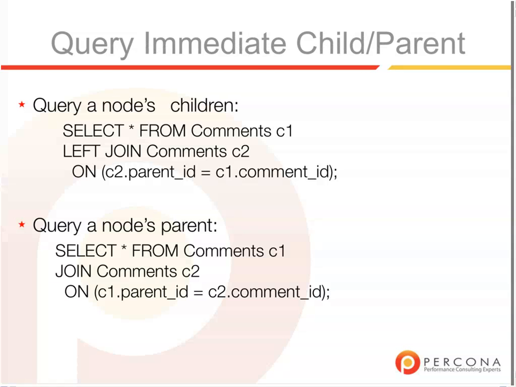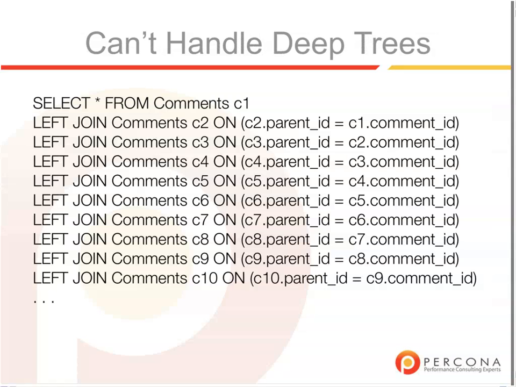But the problem with this design that we all run into eventually is that it can't handle deep trees. If you've got a tree that can go to unlimited depth and you need to fetch all the rows back, you can try a technique like this, but you'd have to write an infinite number of left joins in order to go all the way down to an arbitrary depth tree.